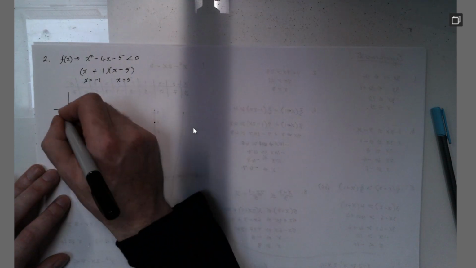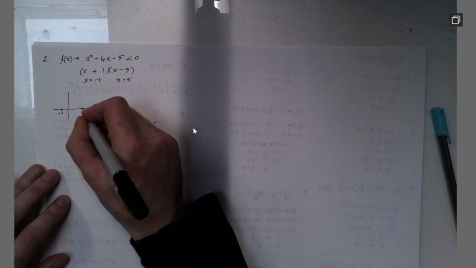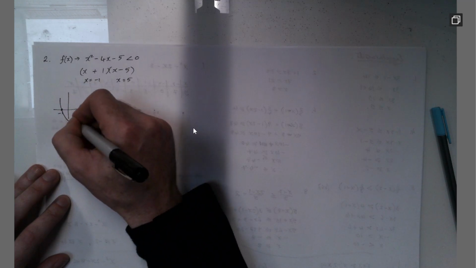So we factorize: two numbers that multiply to give minus 4 and add to give minus 3. x equals minus 1, x equals 4. Okay? Then sketch. The root at minus 1 and the root at 4. Then the graph. Okay? Now, test for the origin, x equals 0.